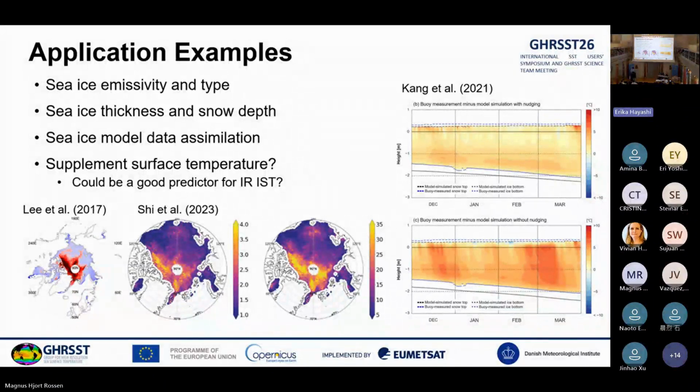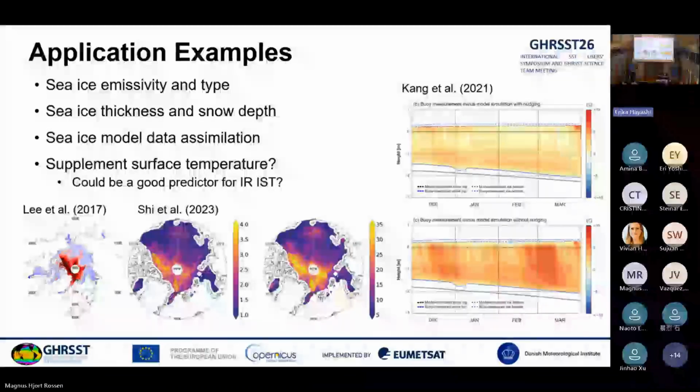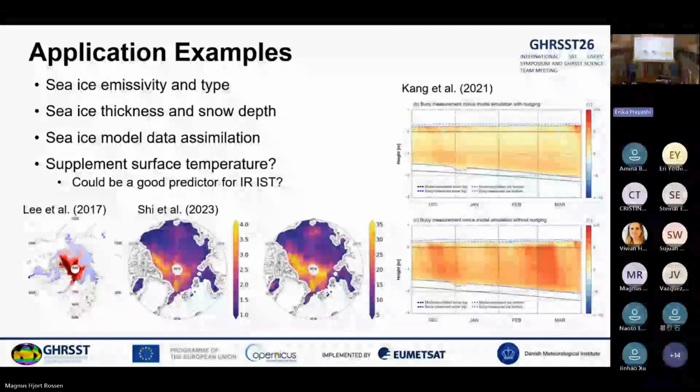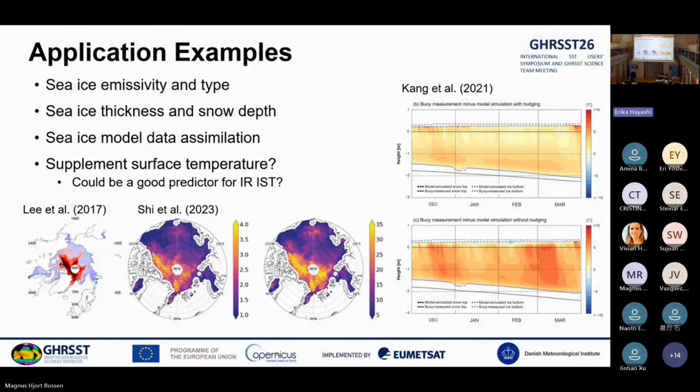Also, it can be used to estimate sea ice thickness and snow depth, as it gives some information about snow depth. And modelers also require temperature information to constrain their models.